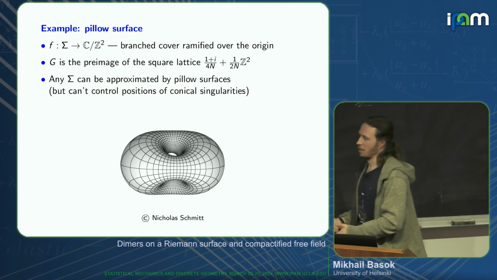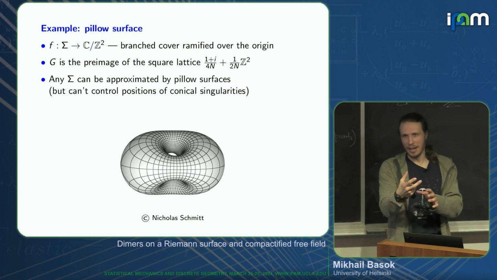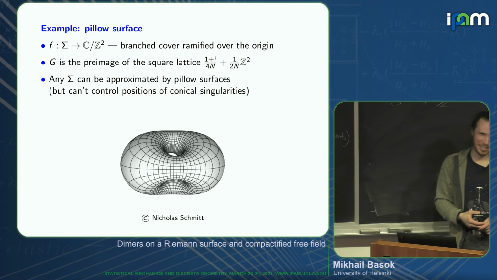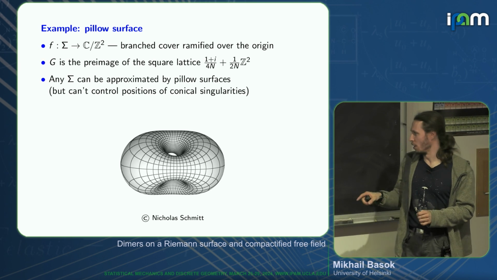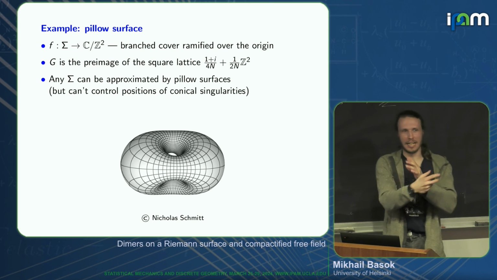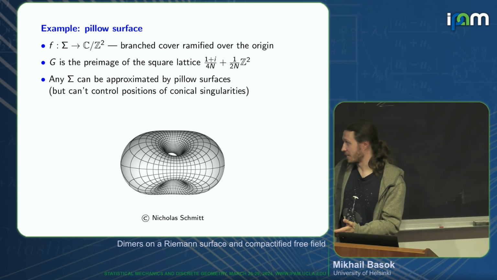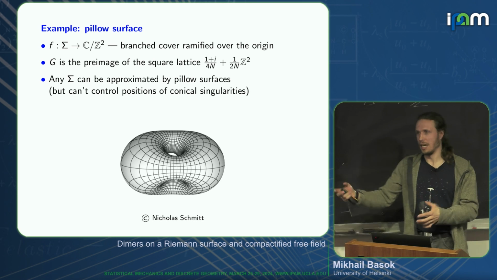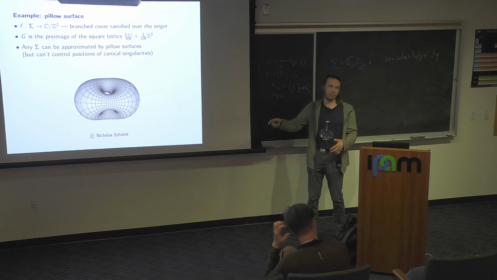Then imagine that you identify each of these faces with a square of side length 1 in the Euclidean plane. Then if you glue the squares together according to this combinatorics, you get a Riemann surface with a flat metric, which is regular everywhere except at vertices which have degree different from 4.